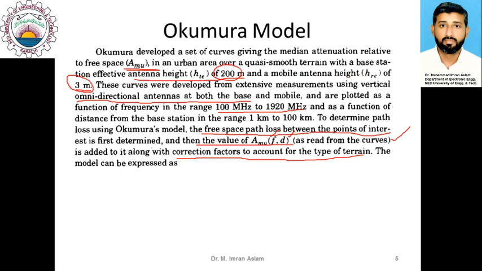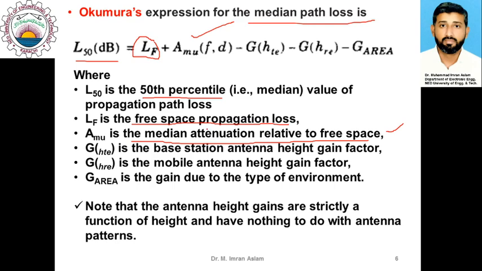But practically the antenna heights can be different from the reference antenna heights. So if there is a difference in the reference antenna heights, that is base station height is different than 200 meter, or mobile antenna height is different than 3 meters, in that case some correction needs to be made in this loss.